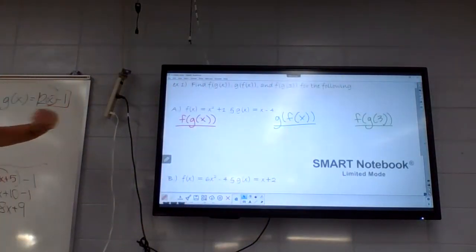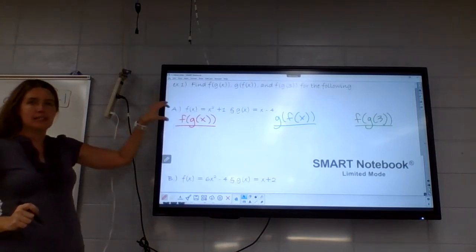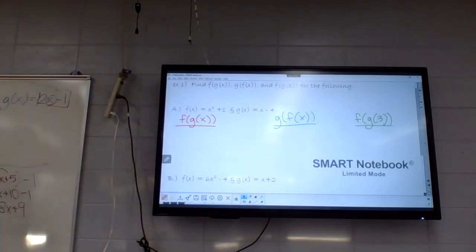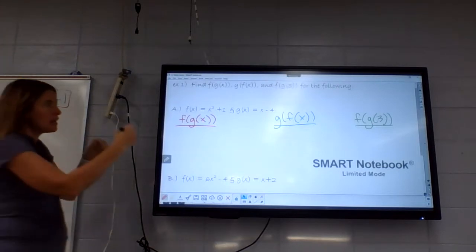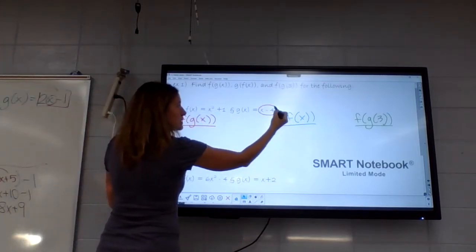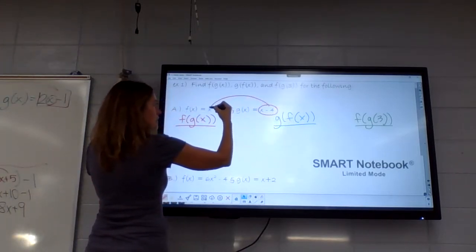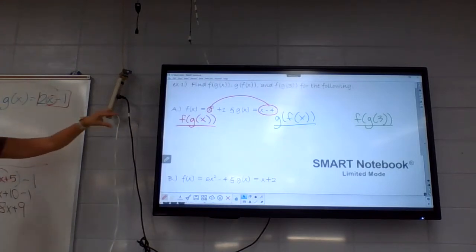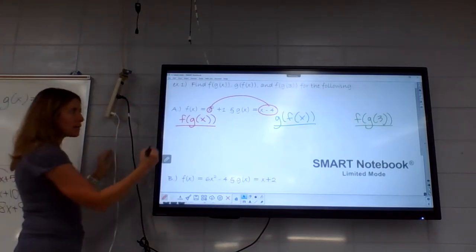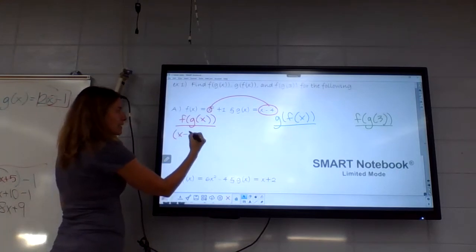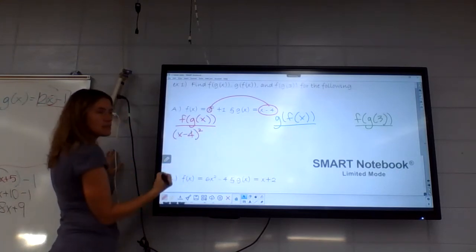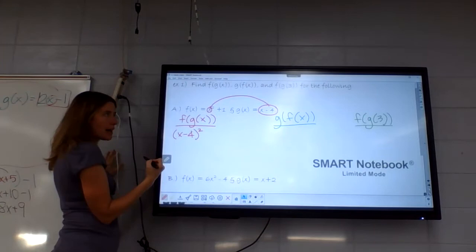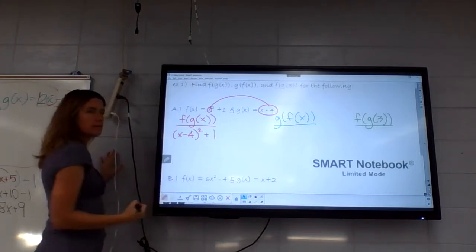So this first one's asking me, the g's inside of f. So the g's dropped in there. We're going to put g inside of f, so this is going to go inside of that x, in place of the x. So you drop the x out and you put the x minus 4 in. But in this case, the x is being raised to the 2nd power. So we're going to do x minus 4, but we have to raise it to the 2nd power because that's what was happening to x. And then we're going to add 1.